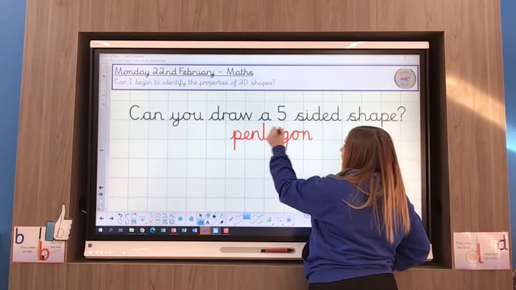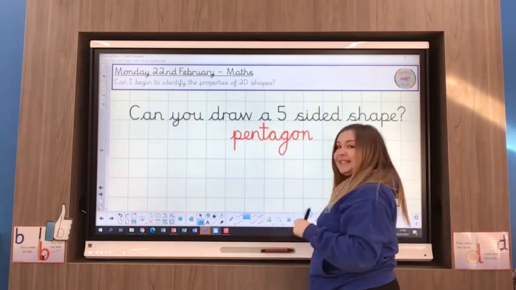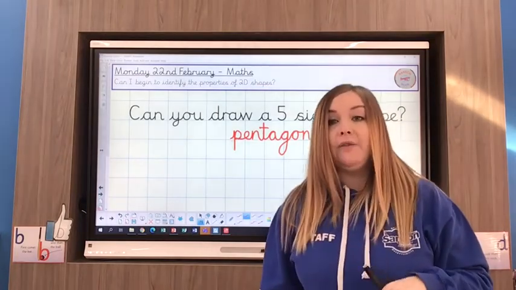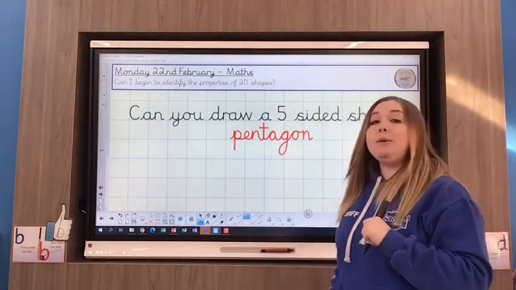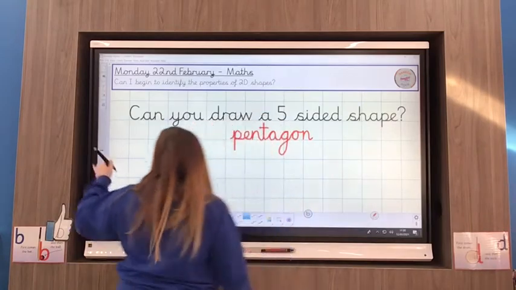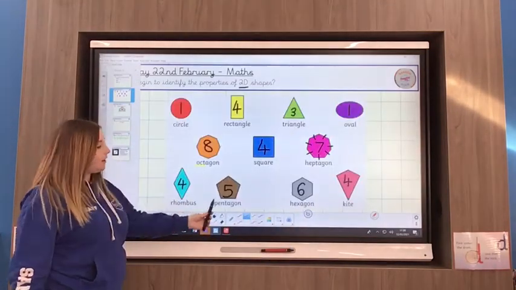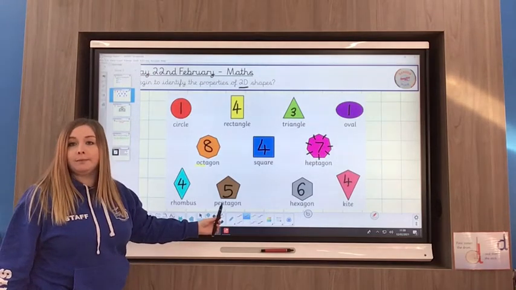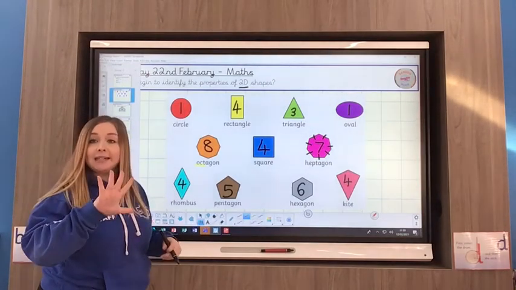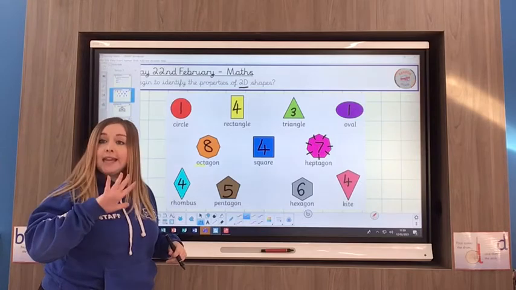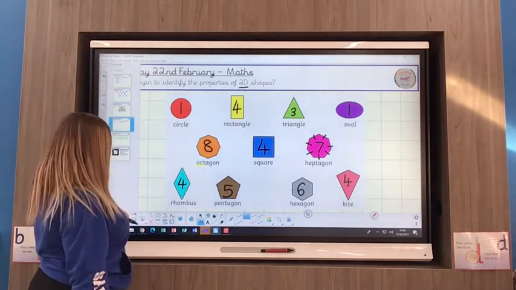And I want you to draw a 5-sided shape. Now it doesn't matter if it doesn't look like this pentagon here. That's okay. As long as it's got 5 sides that are all straight, it's still a pentagon.